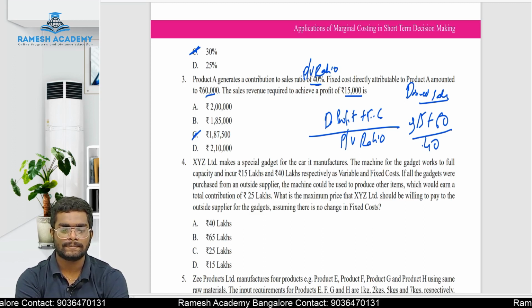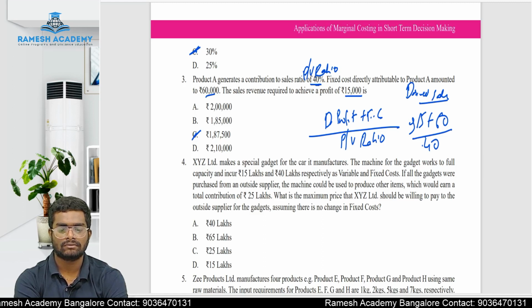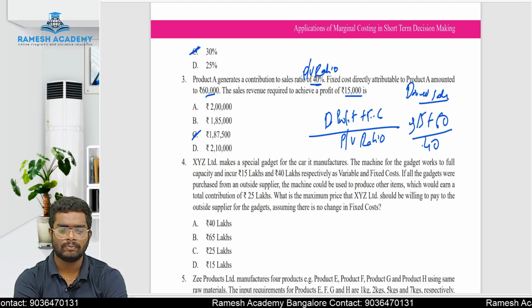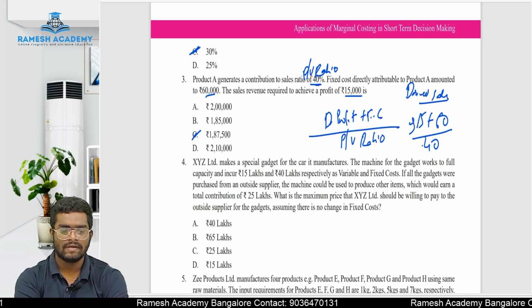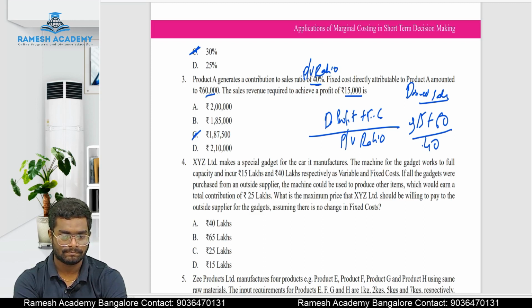The machine for the gadget works out to full capacity and incurs 15 lakhs and 40 lakhs respectively for variable and fixed cost. If all the gadgets were purchased from an outside supplier, the machine could be used to produce other items which could earn a contribution of 25. What is the maximum price that XYZ should be willing to pay to the outside supplier for the gadgets, assuming that there is no change in fixed cost? That is the question.